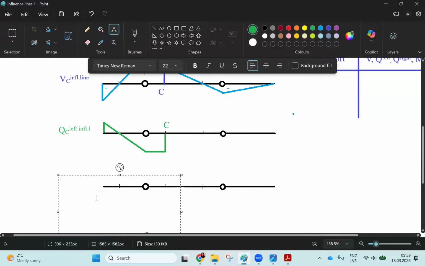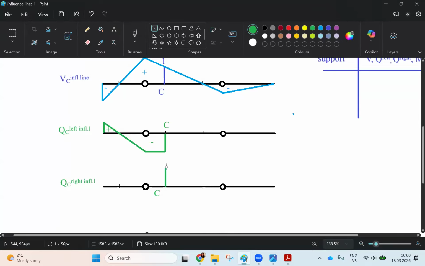So next one, Q right, for the C, and that's the influence line. Don't mix with the diagrams. For Q, negative is upward and positive downward on the diagram, but on the influence line it is positive upward. So if you go to the right, that's opposite from the left. At the point C, just think where the line will go.